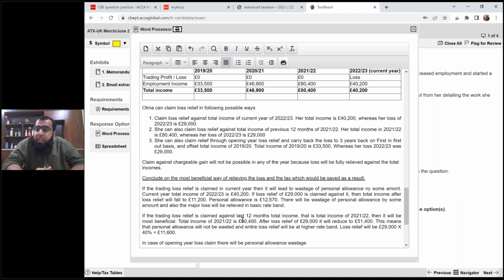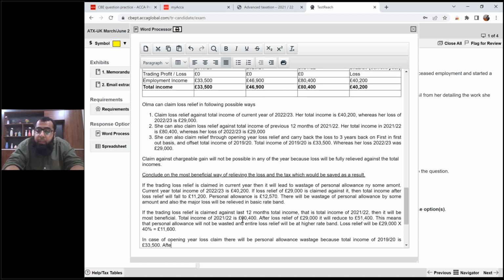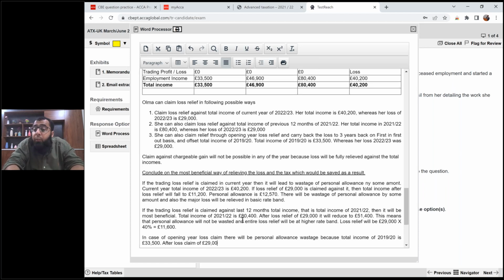Why will there be personal allowance wastage? There will be personal allowance wastage because total income of 2019-20 is 33,500. After loss claim of 29,000, I will repeat it again, so don't worry.